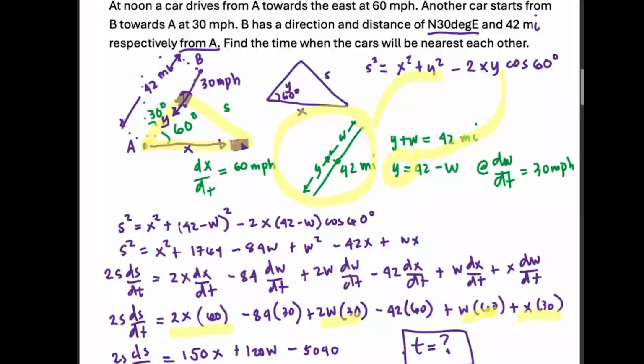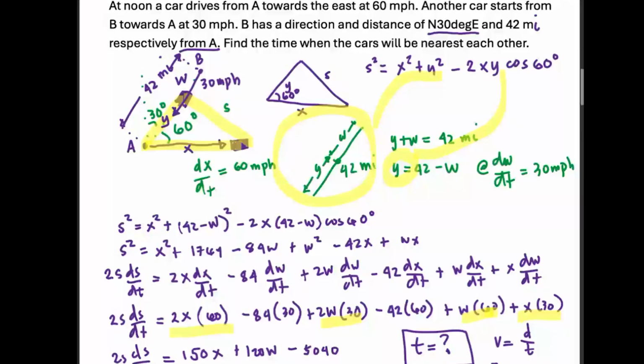So let's find a way that x and w will be replaced with the variable t so that we can solve for its value. So yeah, let's go back to the figure. Okay, so the w from the figure, this is the distance traveled by b, right? So w, and remember, velocity is distance over time.